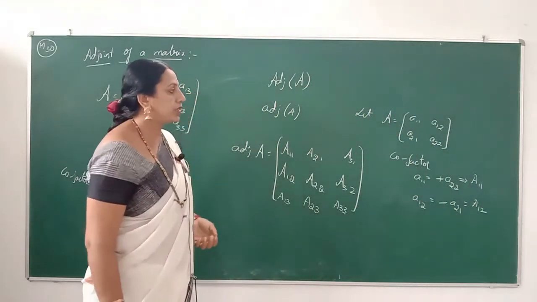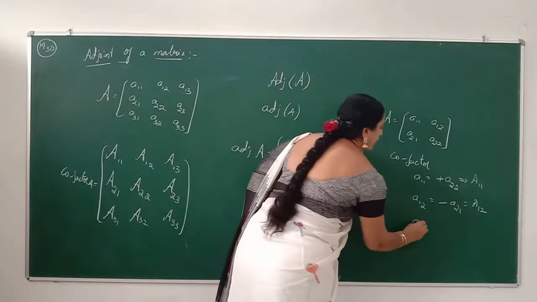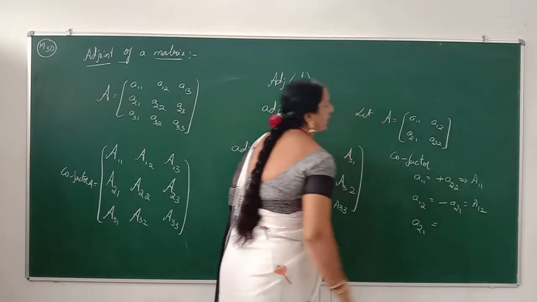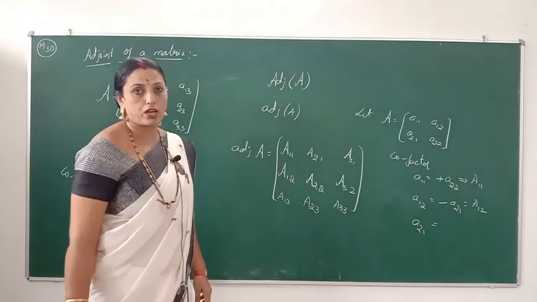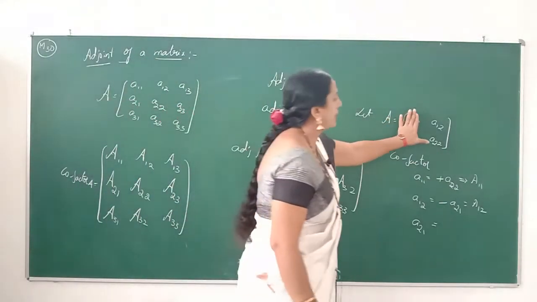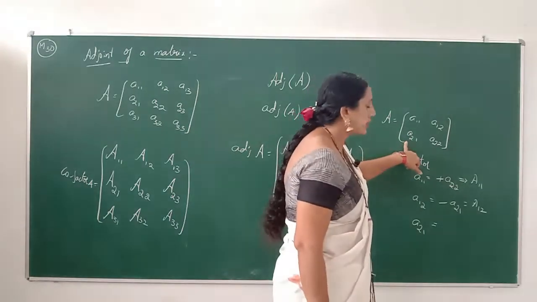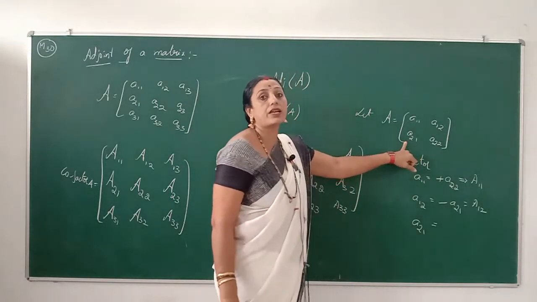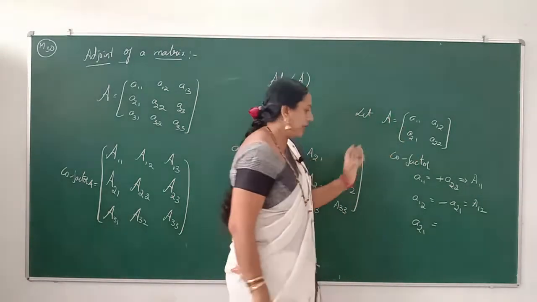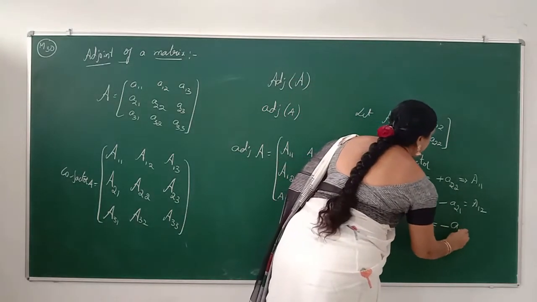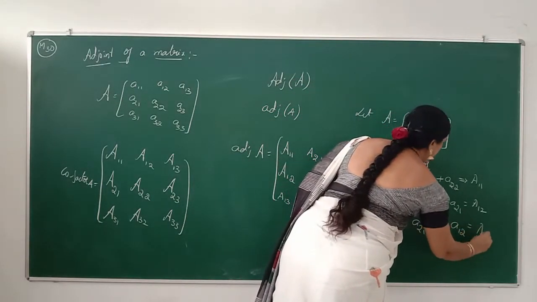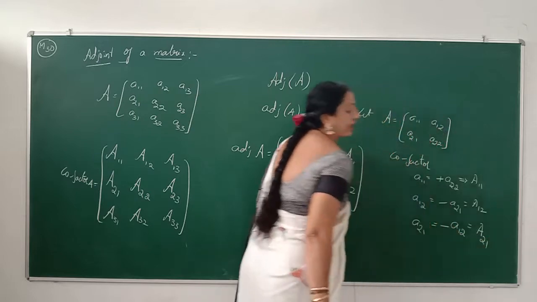Similarly, we come to the second row, A21. A21 is an element of the second row, first column. These elements get neglected and the remaining is nothing but A12. According to the sign, the first element of the second row is multiplied by minus, that is minus A12. That is also denoted by A21.